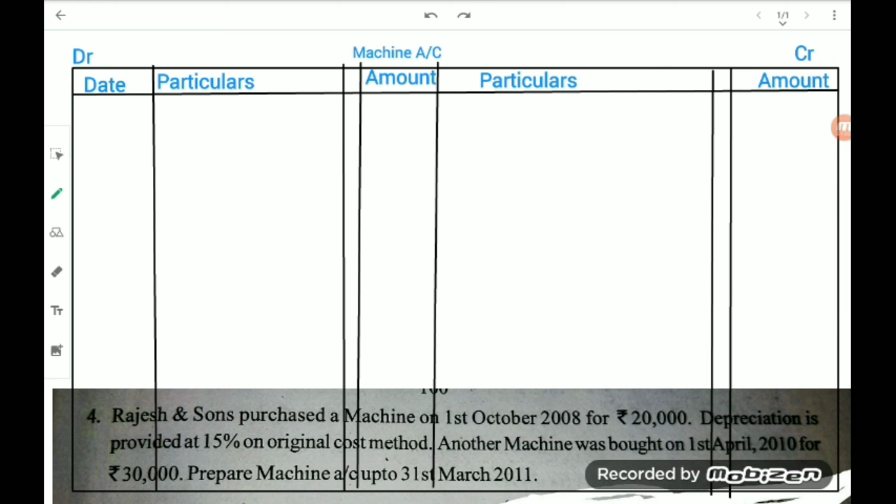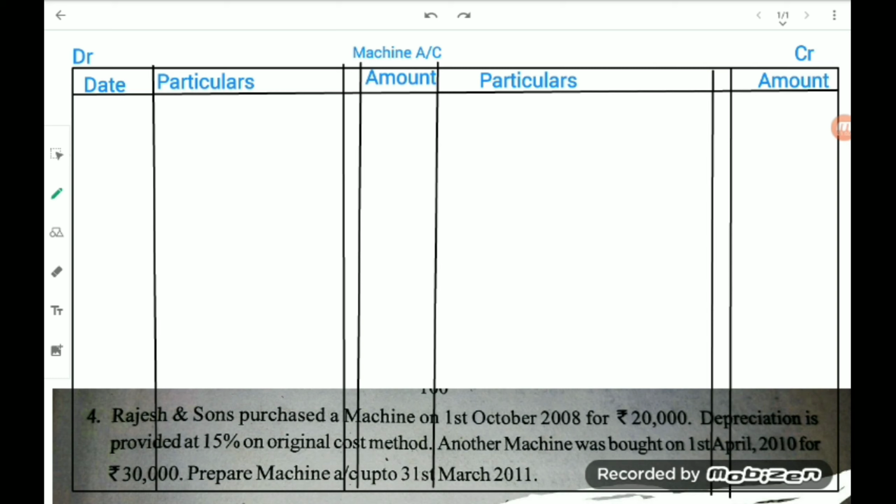Now the months calculation. If you have not seen my months calculation video, first see that video. When I started the depreciation chapter, I explained how to calculate the months.